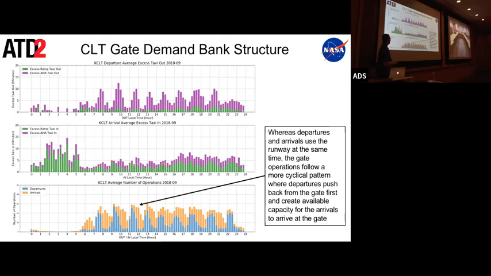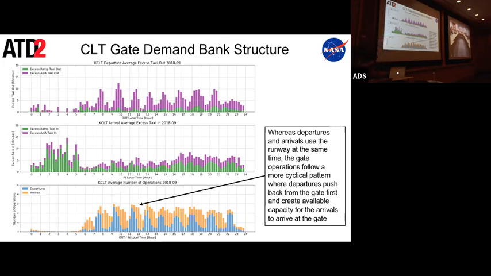If you take this gate-centric view, the operations follow a more cyclical pattern where departures are the first ones to push back from the gate. Around 11:30 or 11:15, where you have the peak departure demand, there's almost barely any arrivals arriving at the gate. And then as the departure demand dwindles, that's when you start getting peak arrival demand for the gate.